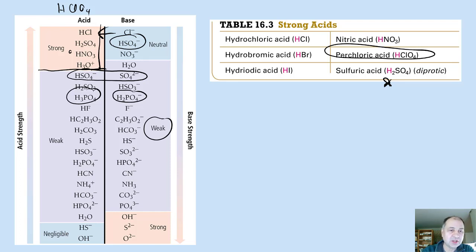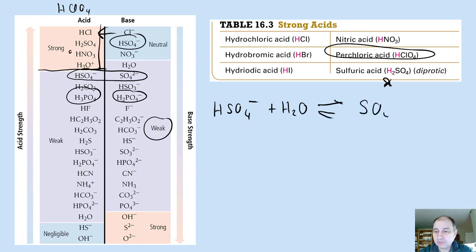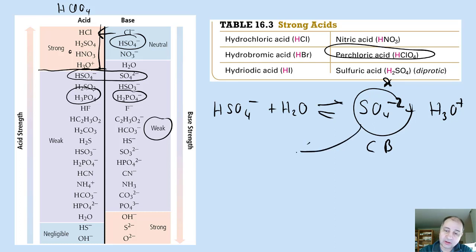But for the second dissociation, I'll write it real quick, HSO4 minus will react with water to produce sulfate and hydronium. And then, of course, this here, this is 2 minus, is a conjugate base, and it will react with water to form a little bit of hydroxide. And so that is going to have a pH that is larger than 7.